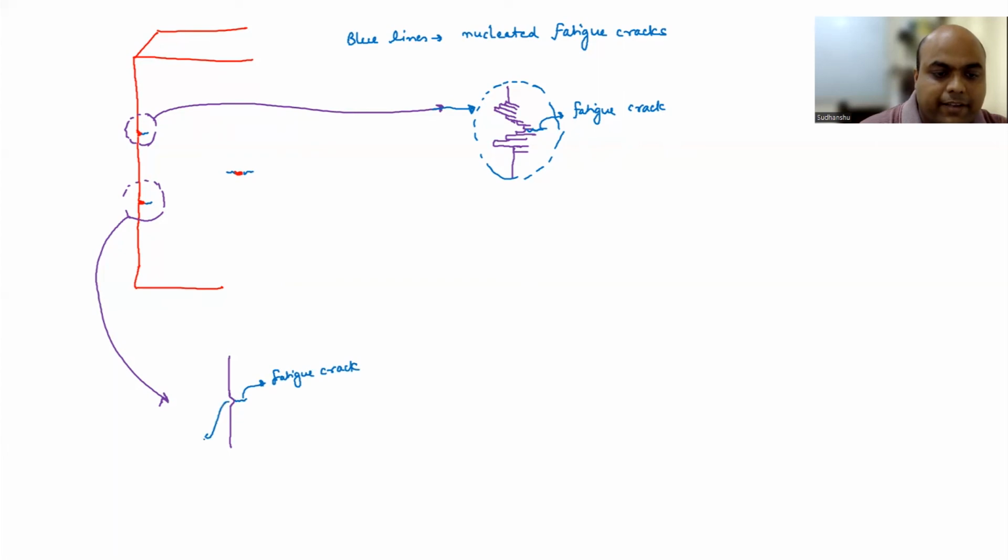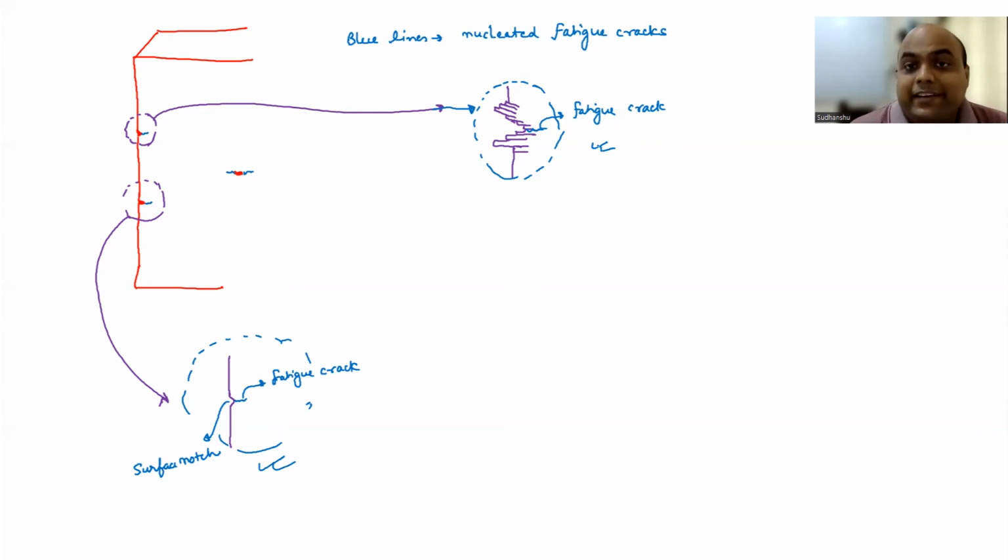And this guy here is your notch, the surface notch. Okay, so these are the two mechanisms we have discussed. One is because of the surface flaw, which is the bottom one. Another one is because of the slight damage. Because of the nature of the fatigue loading, you are going to form intrusions. Okay, and then from there, nucleation of the fatigue crack occurs.